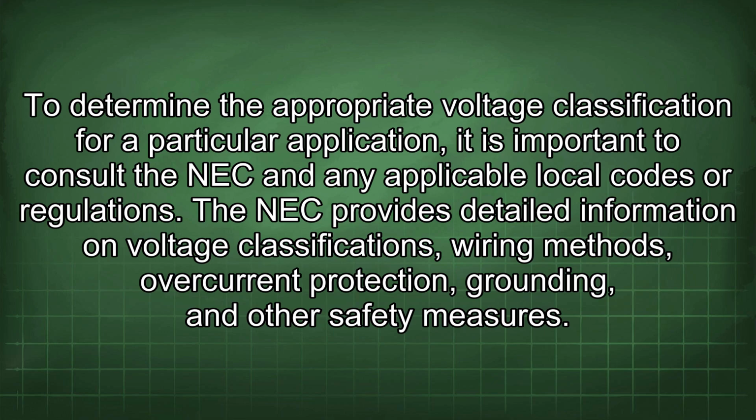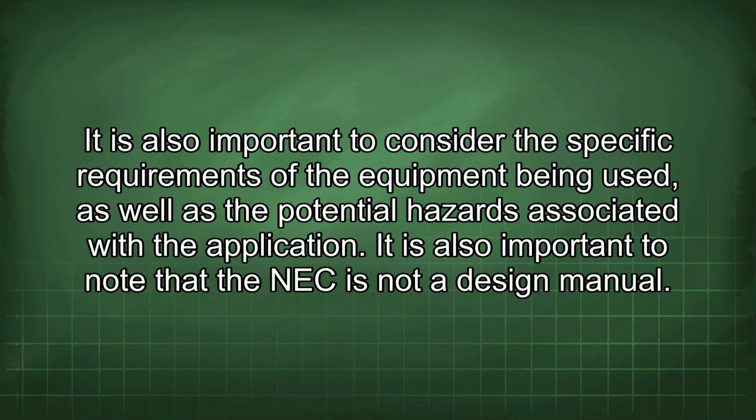To determine the appropriate voltage classification for a particular application, it is important to consult the NEC and any applicable local codes or regulations. The NEC provides detailed information on voltage classifications, wiring methods, overcurrent protection, grounding, and other safety measures. It is also important to consider the specific requirements of the equipment being used, as well as the potential hazards associated with the application.